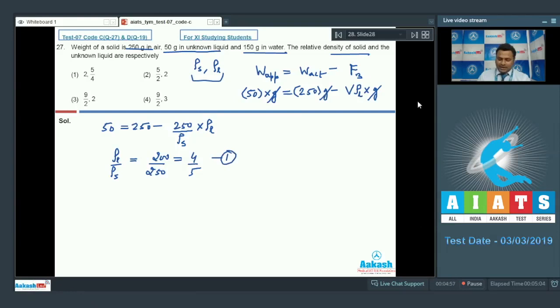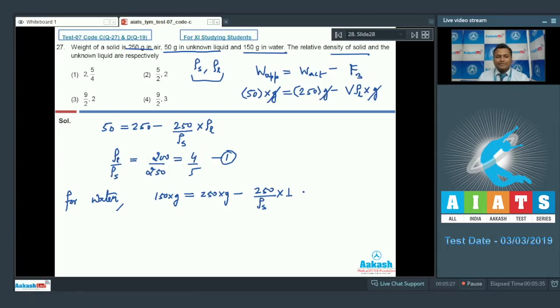Equation number 1. Now let us consider water. If the solid is immersed in water, then its apparent weight becomes 150. Now putting the apparent weight, we get 150 into g equals actual weight, that is 250 into g, minus the buoyant force, which is volume of object, that is mass upon density of object, multiplied by density of liquid.